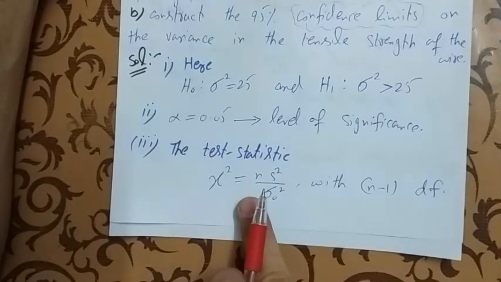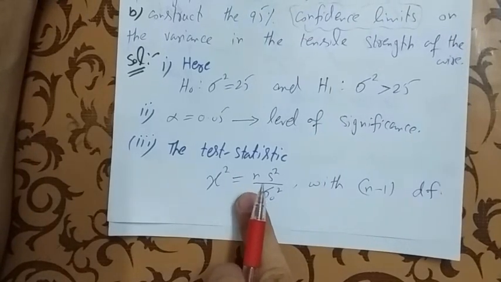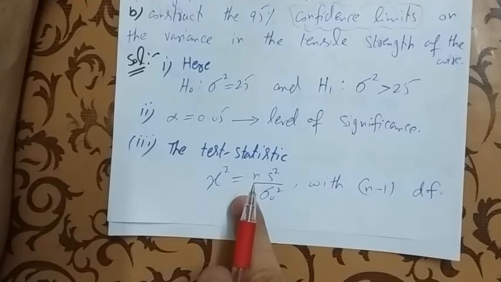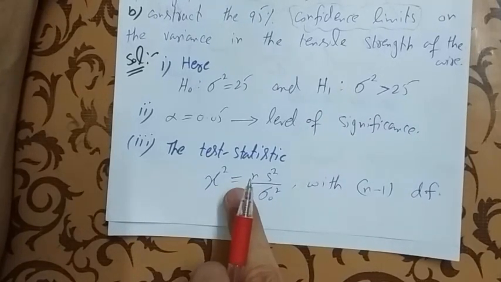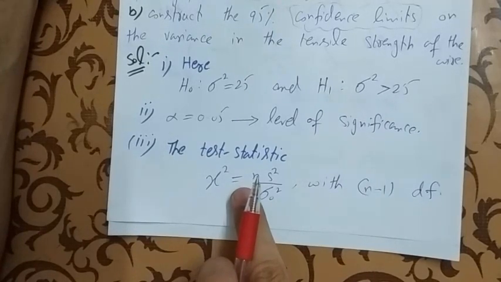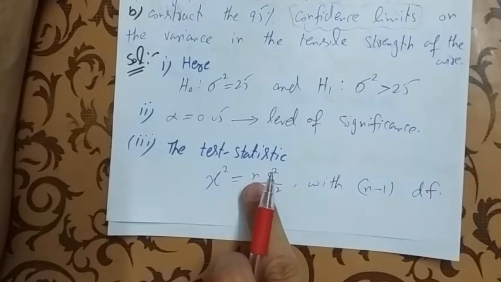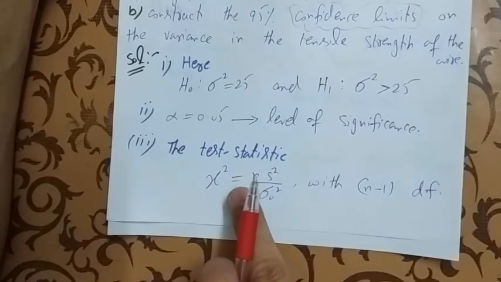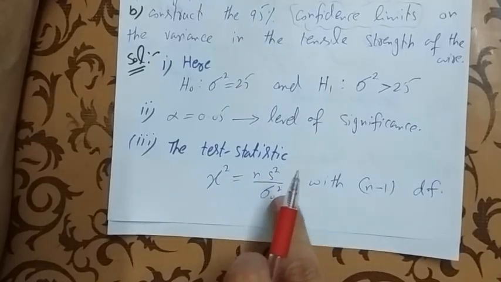Always use them when we apply the chi-square test. In the third step, always use the biased formula, chi-square is equal to n s square over sigma naught square.